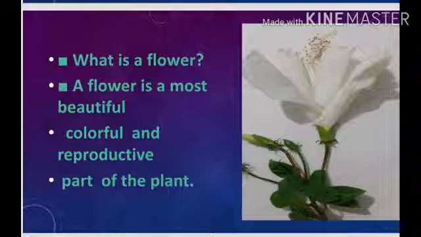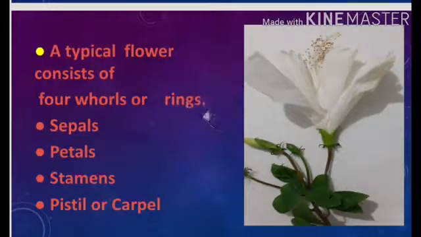Now the question arises, what is a flower? A flower is the most beautiful, colorful and attractive part of the plant. Reproductive part means this is the part of the plant which is responsible to produce the new plant. How, we will discuss later.